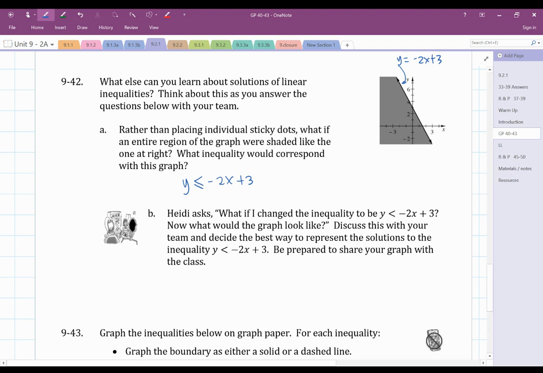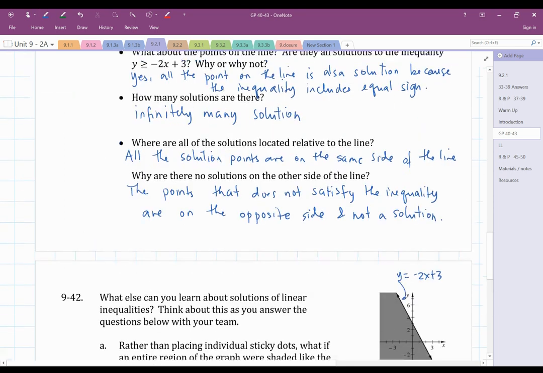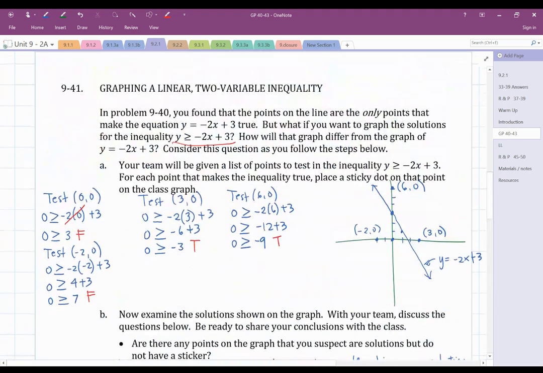Okay, so if we are to go back to our original graph here, if I shade this, which part is the solution? Okay, so we will shade the right side here. All the points on the shaded part will be the solution for y is equal to or greater than negative 2x plus 3 because those points that we check are always true.